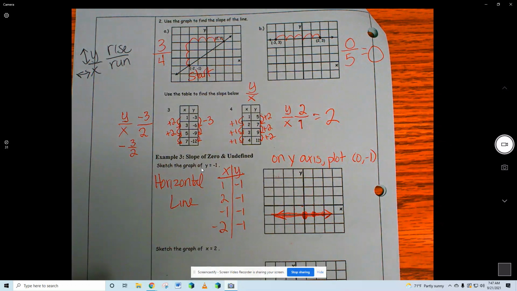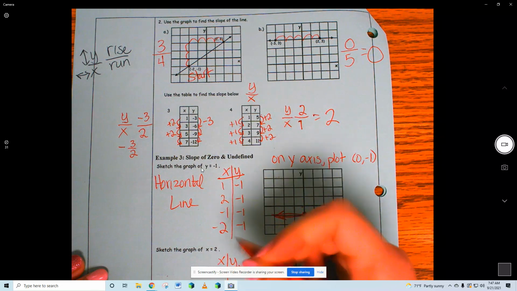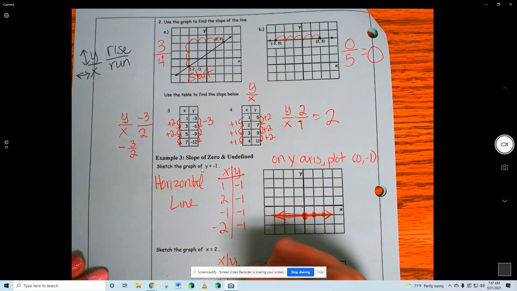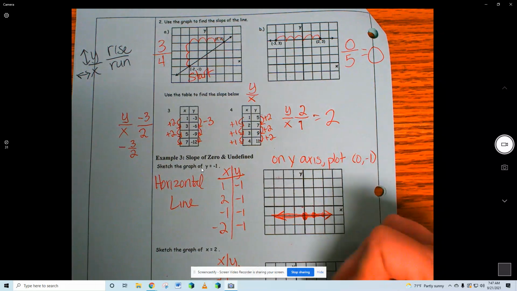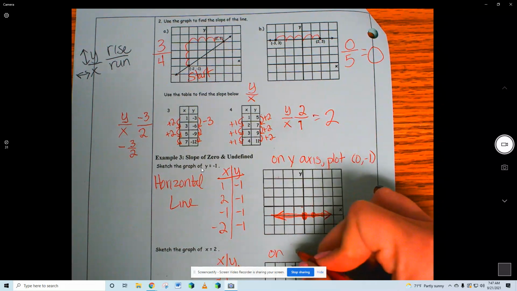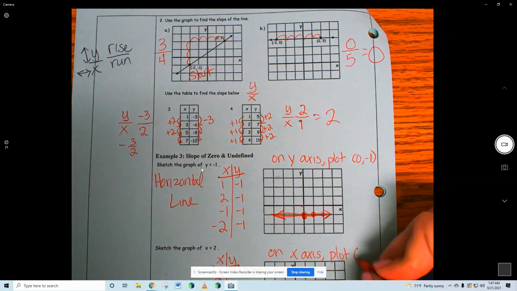Now, next one. Sketch the graph of x equals 2. If I were to draw a table of values, all of my x's would be 2. 2 comma something. 2 comma something. Over 2, up what? So go on the x-axis. On the x-axis, plot 2 comma 0.